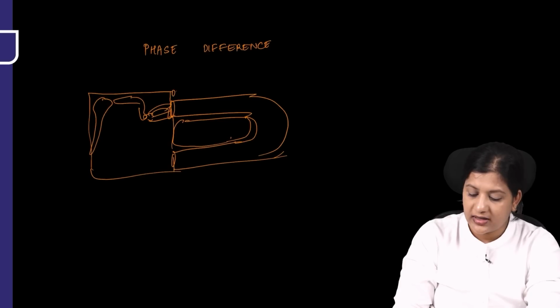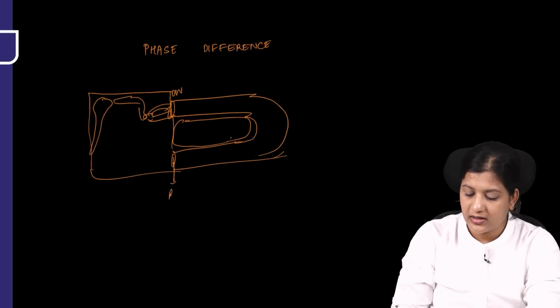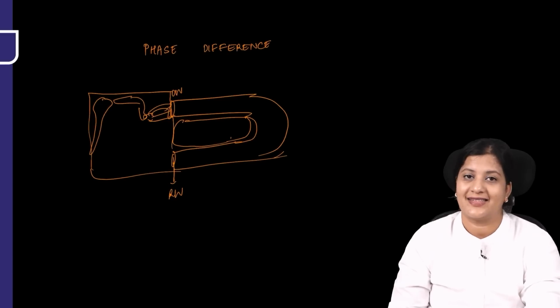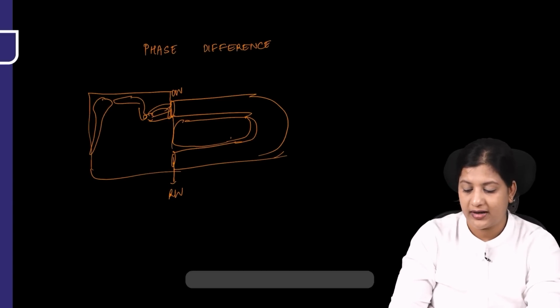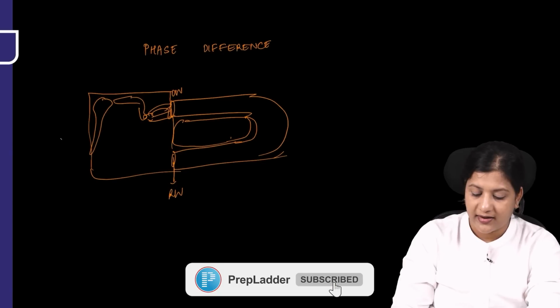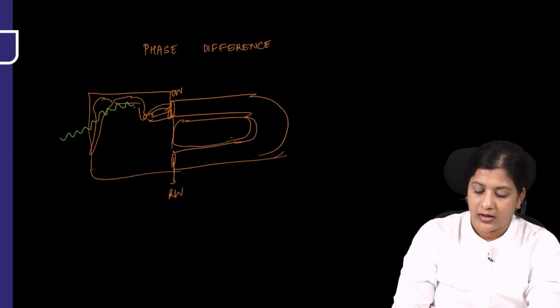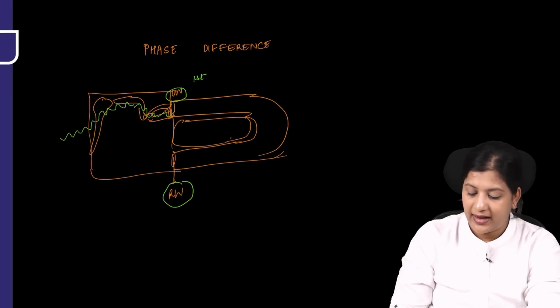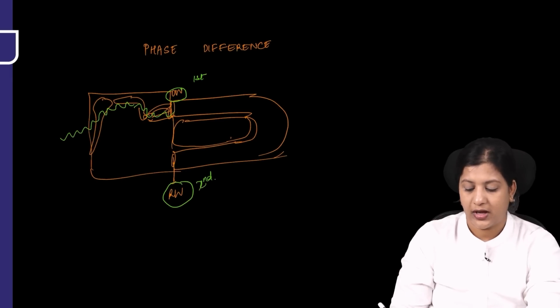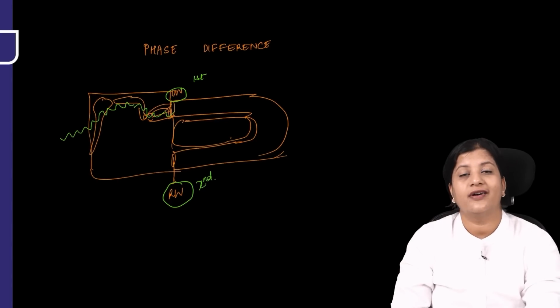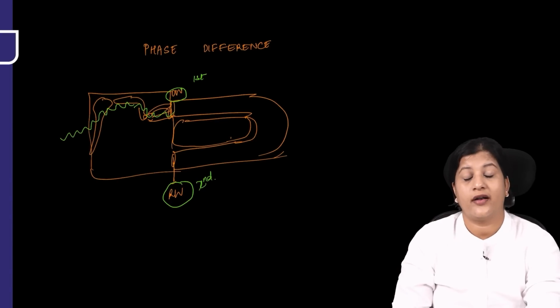Is sound hitting the oval window first or the round window first? Yes, all of you are absolutely right. The sound gets conducted from the ossicles to the oval window first and then the round window. So sound gets conducted to the oval window first and to the round window later.